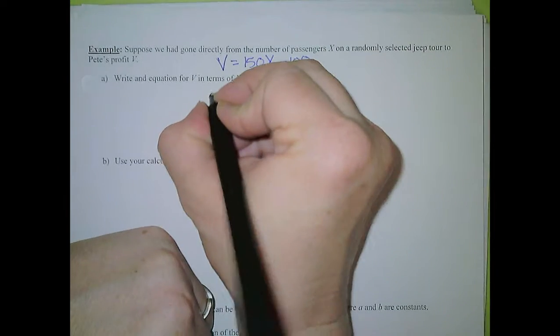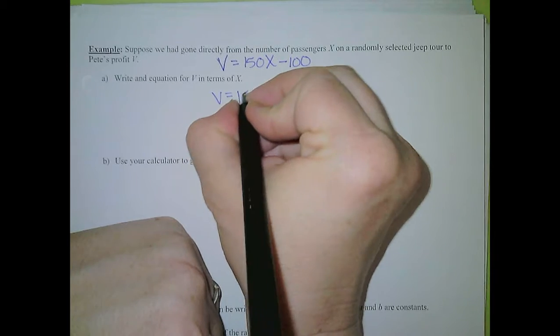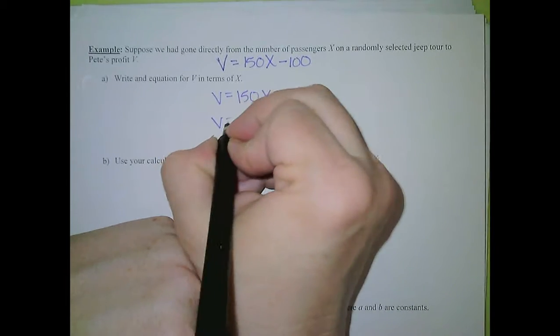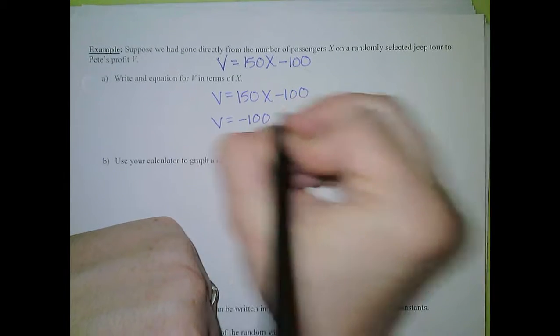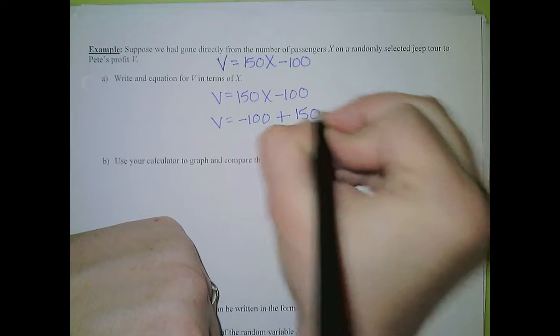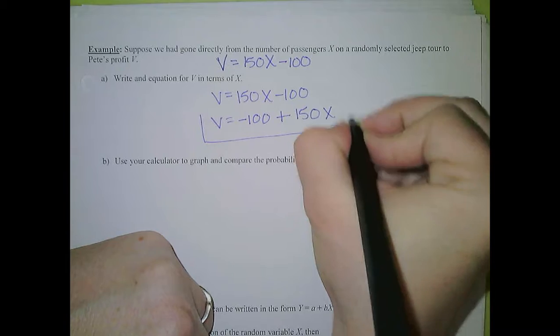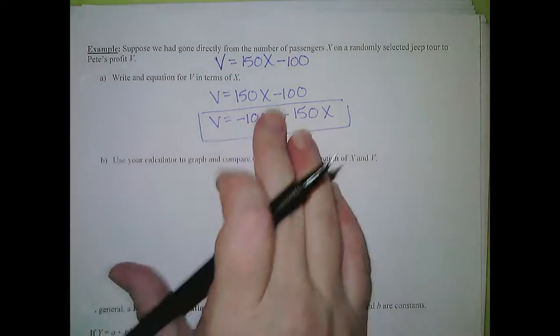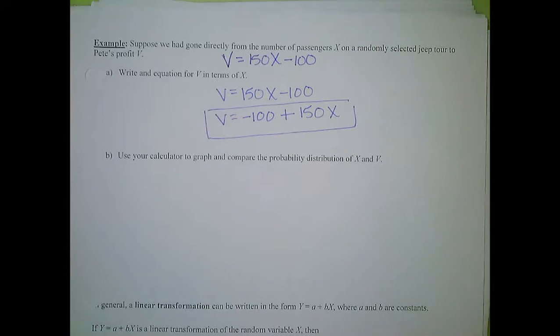I guess I should write that there in equation. V would be 150 times X minus 100. Or we could write it like negative 100 plus 150 X. And this is typically the way that we see it written: the value that we add or subtract, the value that we multiply or divide by.